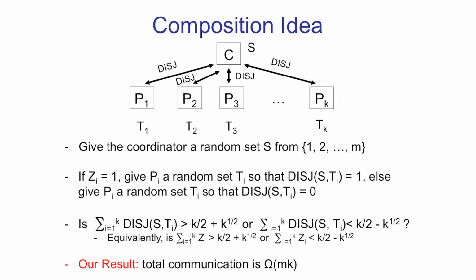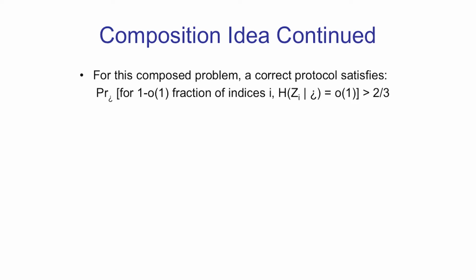So how do we show this? Well, we know that this gap threshold problem is sitting inside of this problem. The bits Zi are the outputs, the answers to the disjointness instances. That's how we generated the inputs.